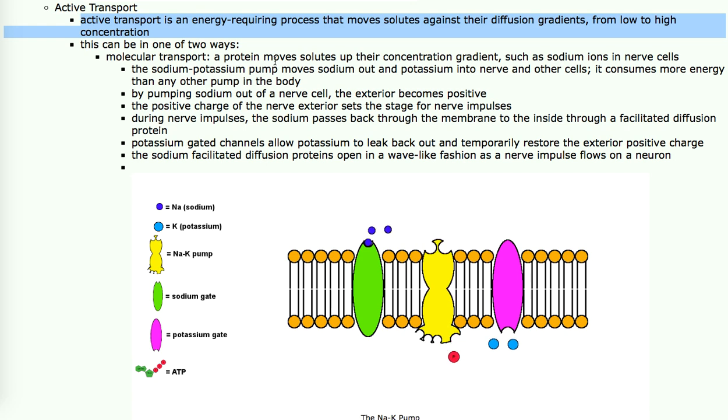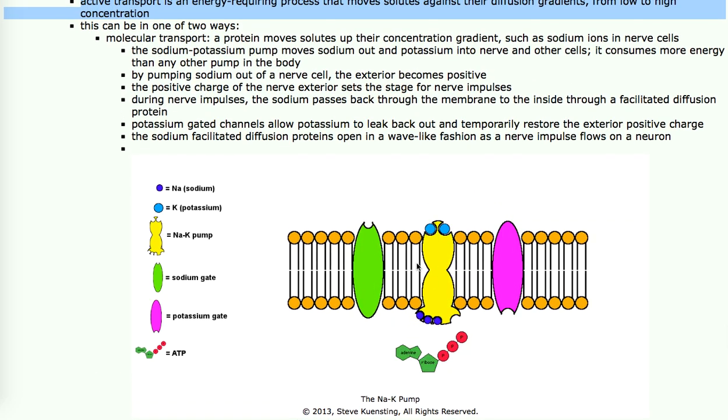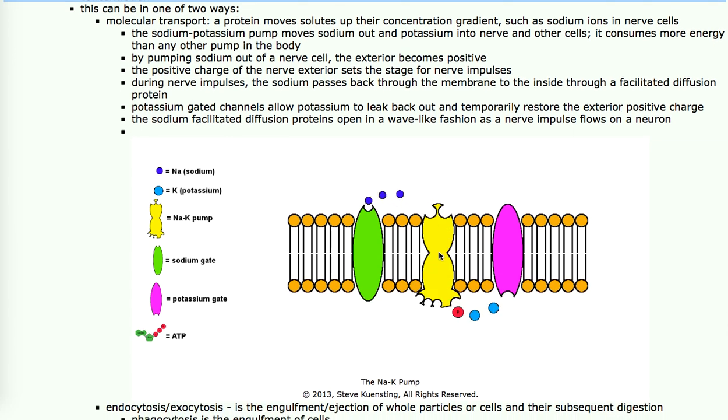There's two basic ways to do this. The first way is what's being animated here. This is the active transport protein right here. It grabs chemicals, energy is used, it throws the chemicals through the membrane, and then it goes back to a resting state.